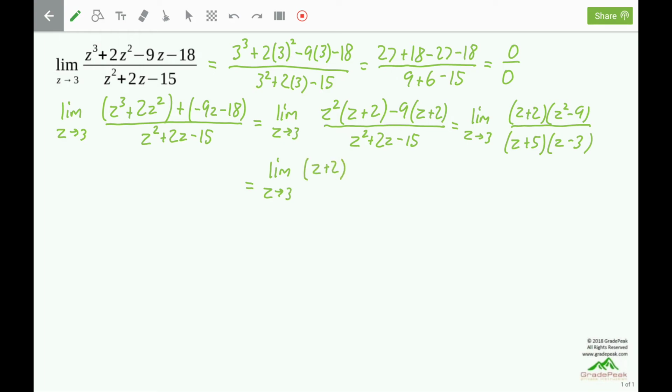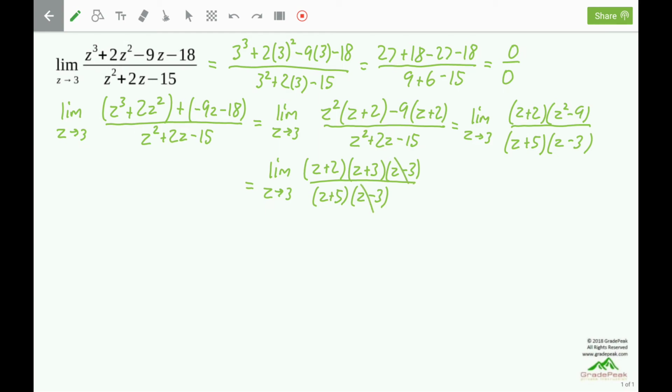The numerator will be z plus 2 times z plus 3 times z minus 3 for that difference of squares, over z plus 5 times z minus 3. And we can finally see the two factors that are making the 0 over 0.